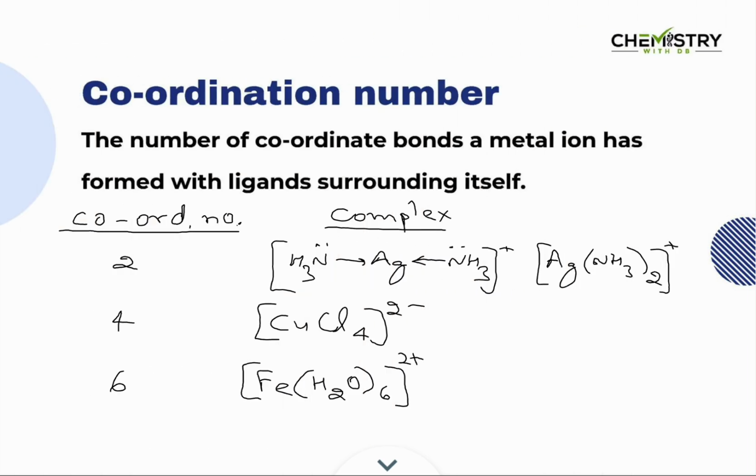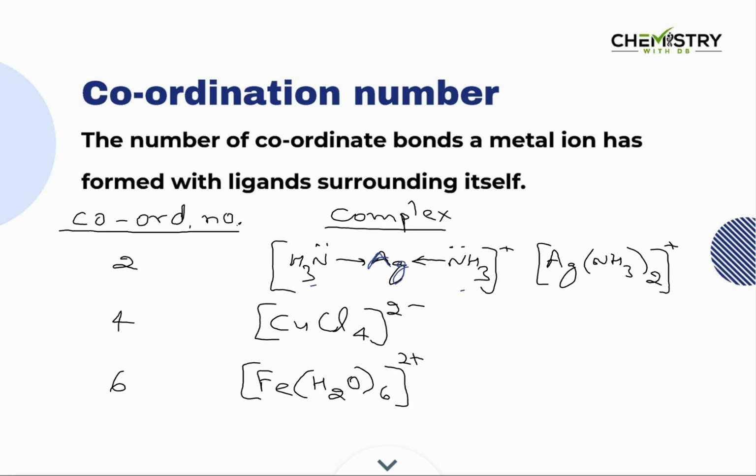Coordination number is the number of coordinate bonds that a particular metal ion has formed with ligands surrounding itself. For example, let's look at this one. In this case, Ag plus has formed a complex with two ammonia ligands forming coordinate bonds with it, which I have shown as the arrows.